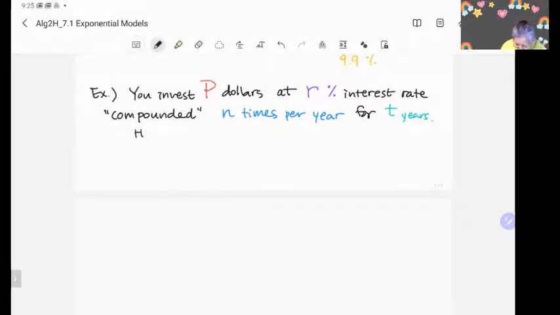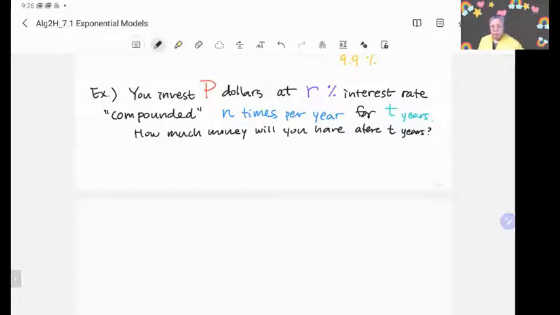Then how much money will you have after T years? So a typical compounded interest investment problem would look like this.